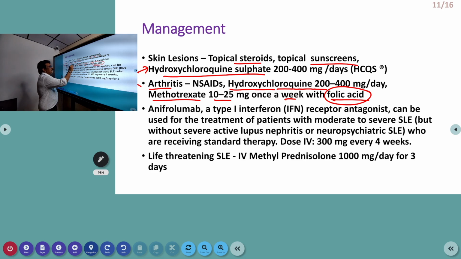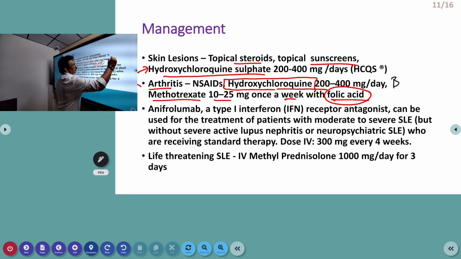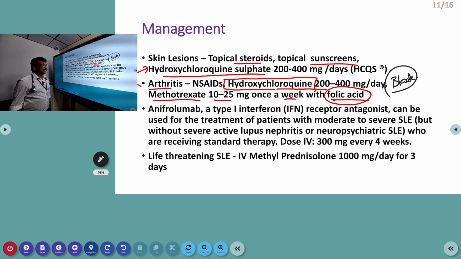If you are giving hydroxychloroquine sulfate, remember that patients can sometimes have blackening of skin or retinal pigmentation; both are very important. So sunscreen ointment should be given to all patients, and periodic retinal examination is also a must. And if you are giving methotrexate, remember we should give folic acid. That is very important.